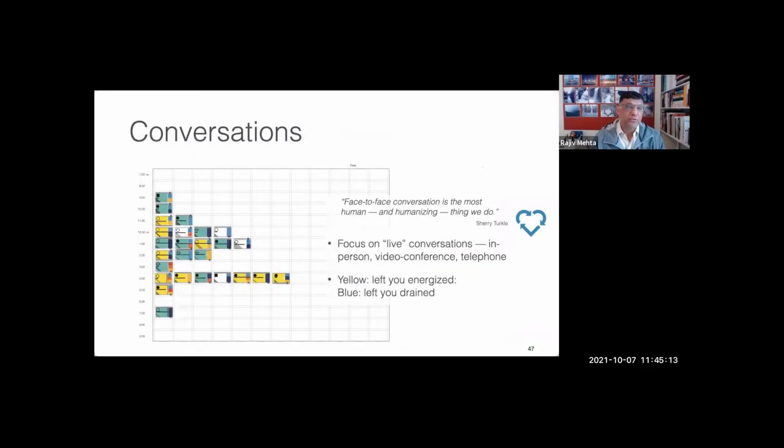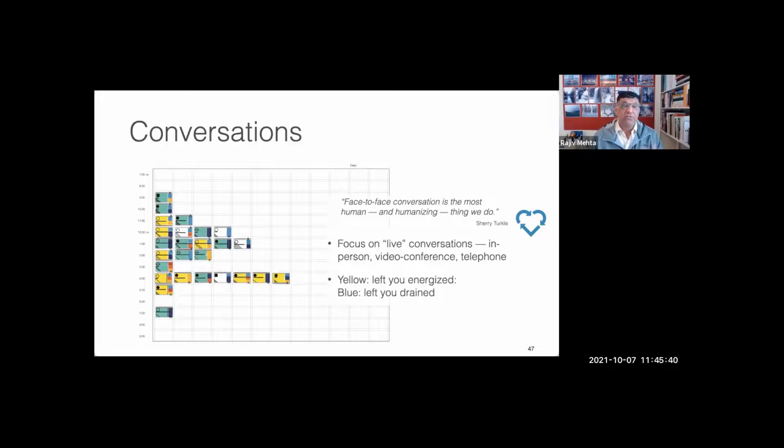The conversations tool is really to help you understand the impact of conversations in our lives. Many scientists talk about how we almost live through our conversations. It's almost like, if you didn't say it to someone, it didn't happen. By design, to have a starting point, the conversation tool ends up focusing on live conversations. So in the sense, face-to-face, video, telephone.